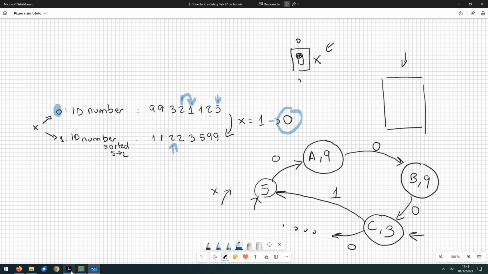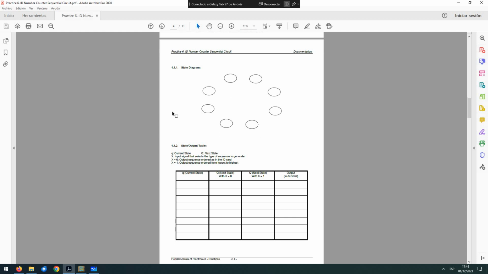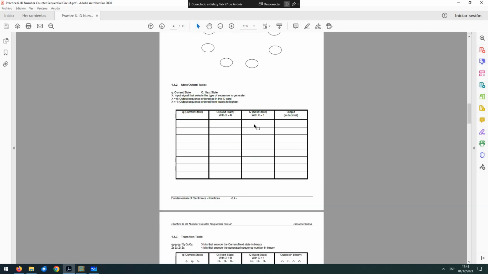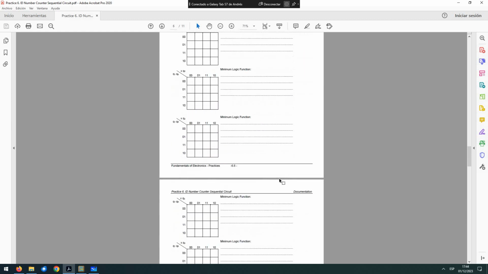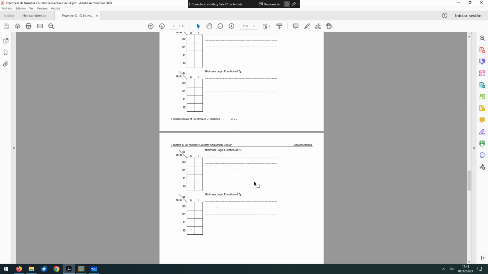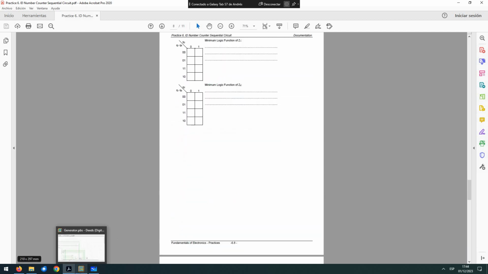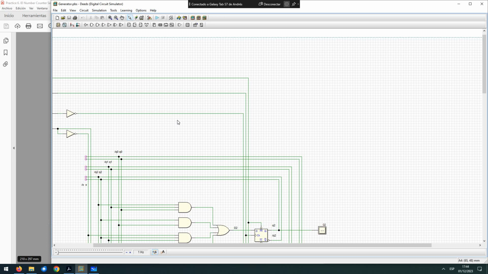Well, when you have your circuit with all of these fields, all the tables, you obtain the excitation table for the input of your bistable, and you implement the circuits in this. I'm going to show you my design for my ID number.